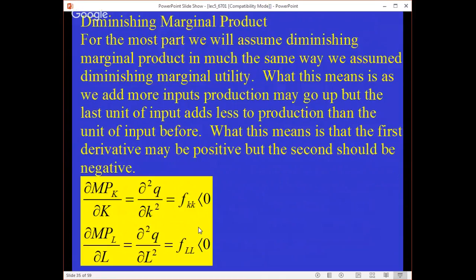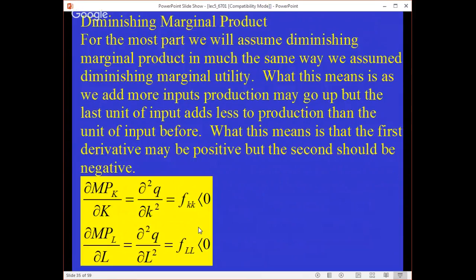So the 10th unit of inputs might add 100 units of output. The 11th unit of inputs is going to add less than 100 units of output in that case. And that's diminishing marginal product. What this means is we add more inputs, production may go up, but the last unit of input adds less to production than the unit before it did.